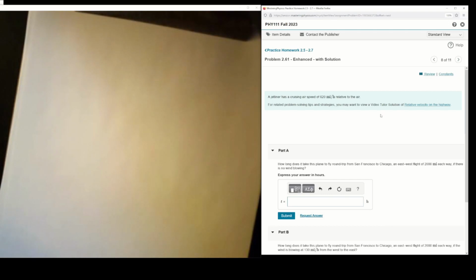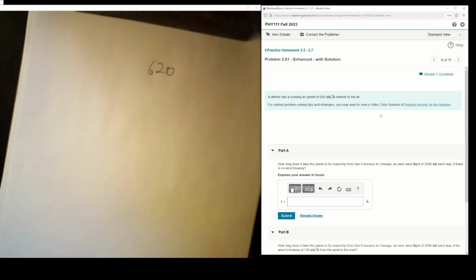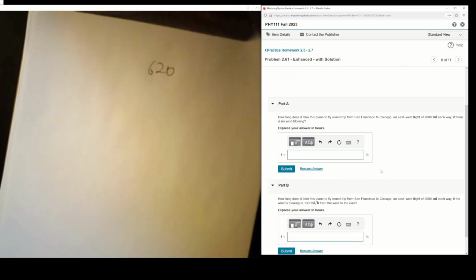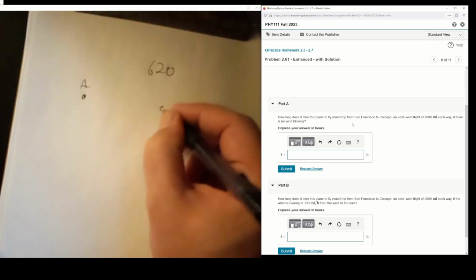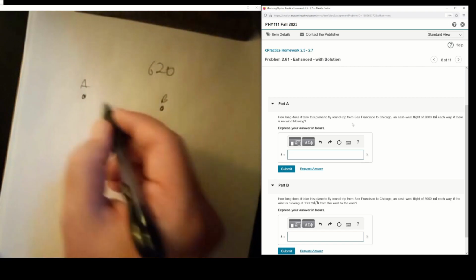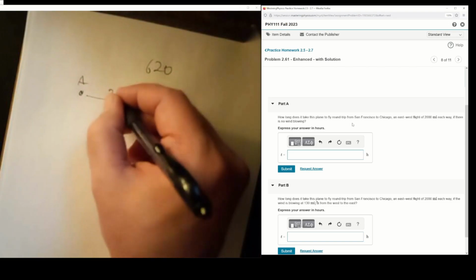Jetliner has a cruising speed of 620 miles per hour there. So we want to know how long does it take to make a round trip between two places. So San Francisco, Chicago, going there, 2,000 miles.